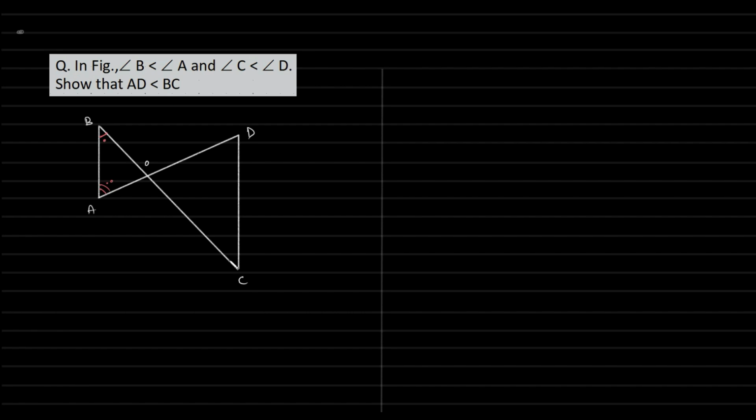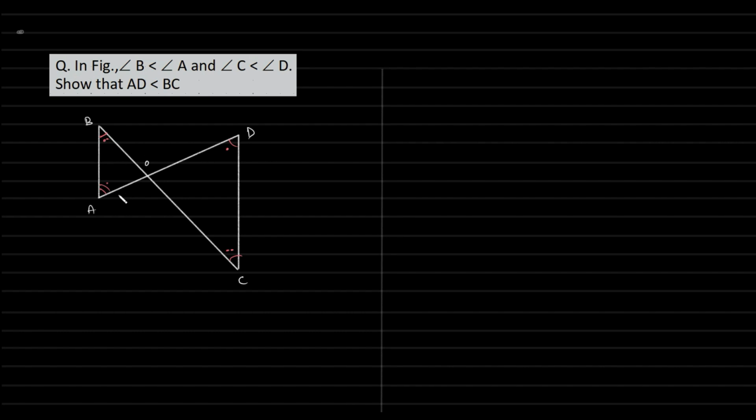Okay, and angle C is greater than D. So this is two dot and one dot. No. Angle D is greater than angle C. Yeah. And here angle A is greater than. Okay.